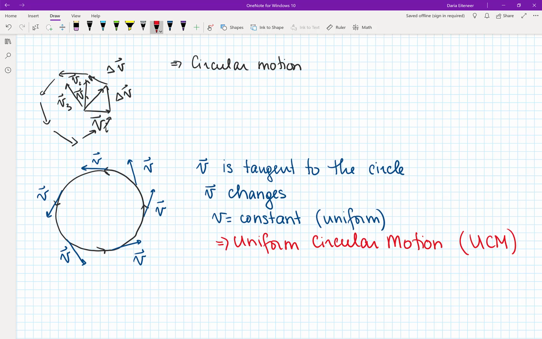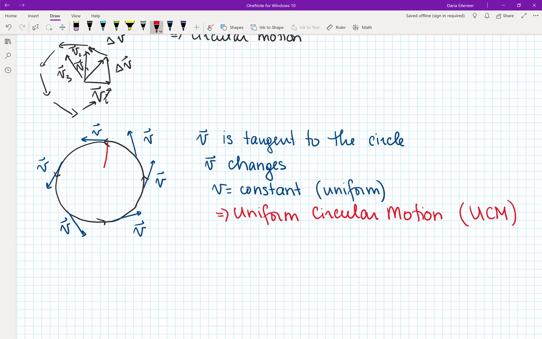Now also remember that we said that this change in direction without change in speed happens when acceleration vector is perpendicular to the velocity vector. So let me draw acceleration vector at every point here, perpendicular to the velocity vector.